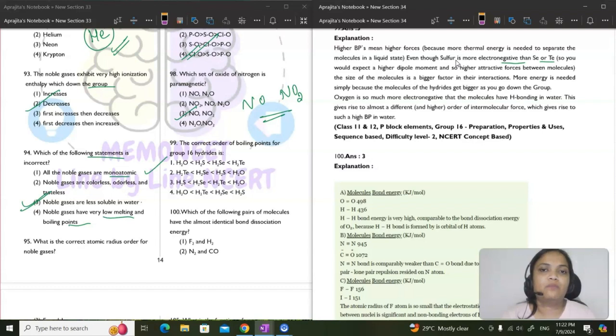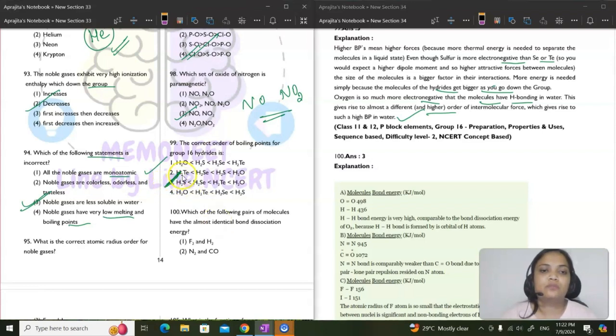More energy is needed as the molecules of hydrides get bigger as you move down the group. And oxygen is much more electronegative, and the molecules have hydrogen bonding in water. So there will be another order of intermolecular force, which is why the boiling point of water will be the highest. So the answer is option number 3.